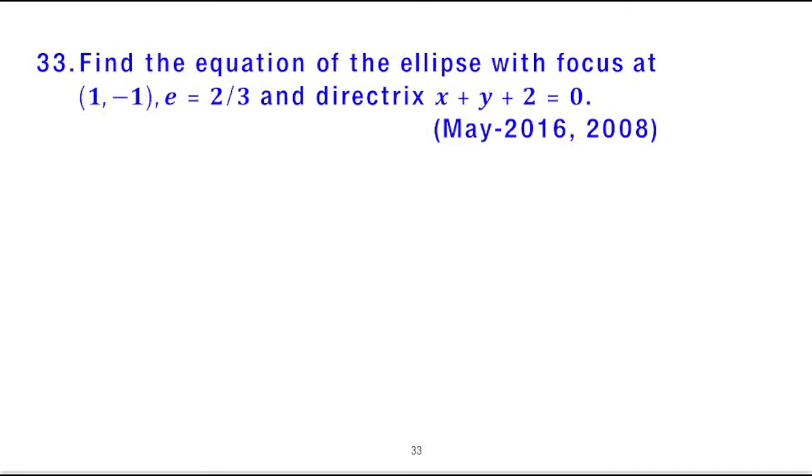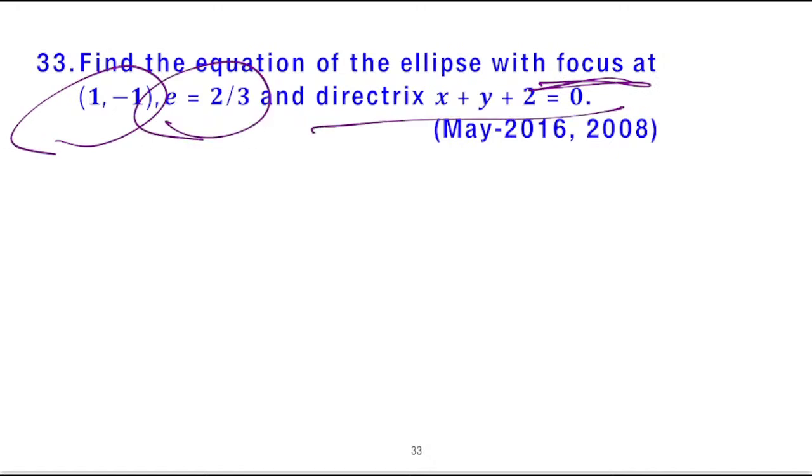Find the equation of the ellipse whose focus is given, eccentricity given, directrix given. This is a wonderful concept. When directrix, eccentricity and focus are given, do you know how to get that? You can simply get it as the basic condition of a conic, SP by PM is equal to e.